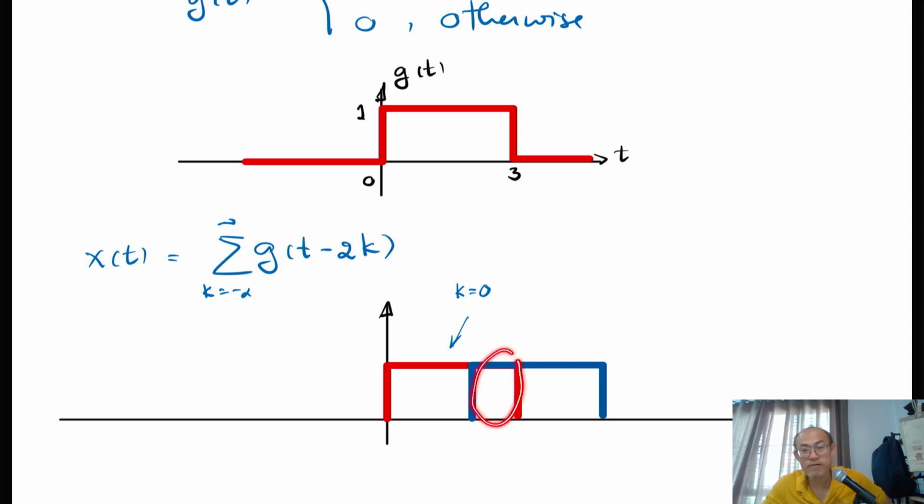Here they are overlapping because this number, the period that we are constructing x, is less than the width of g. So the width of g is right here, right? But we shift g to the right not far enough. The amount of time that we shift g to the right is not far enough.